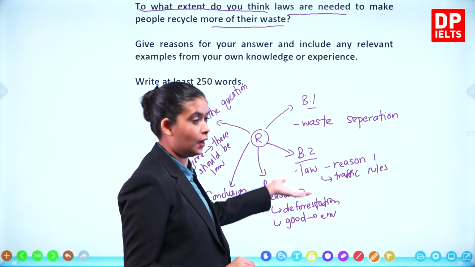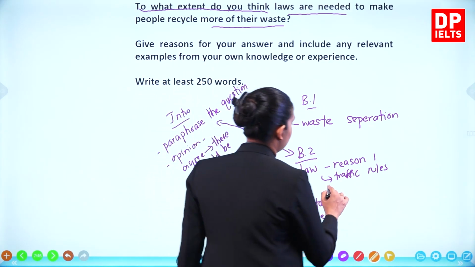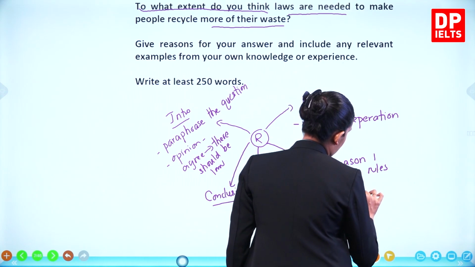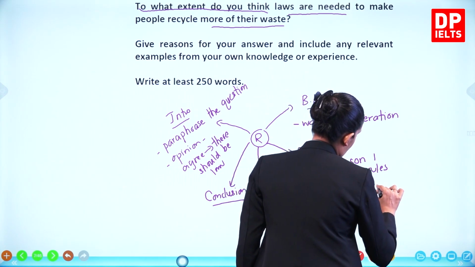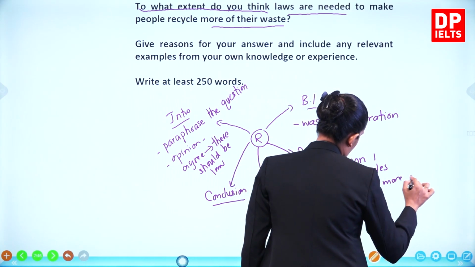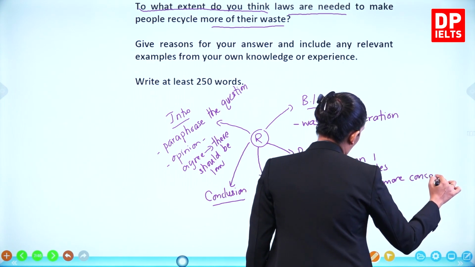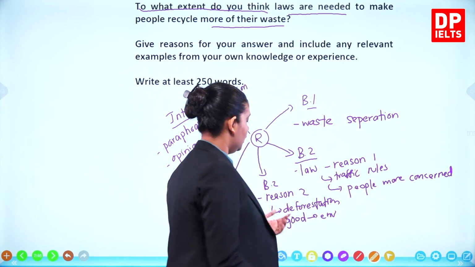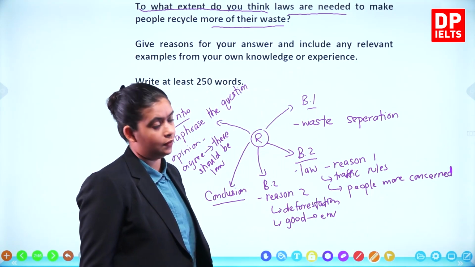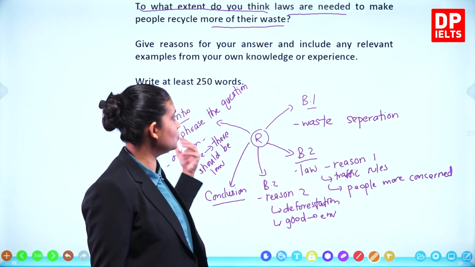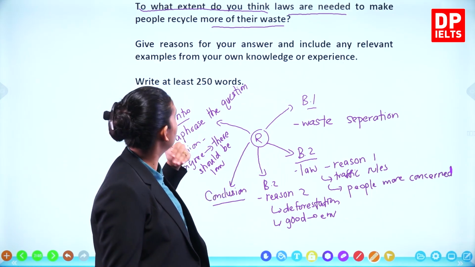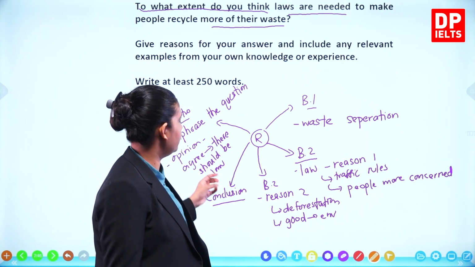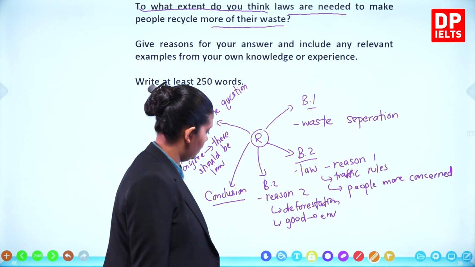And here, if you have that, people tend to be more worried. So people more concerned. So there are 2 reasons. One is that people are more concerned about it when there are specific rules. The other thing is it's good for the environment. So 2 reasons as to why I think laws should be implemented, and finally the conclusion.